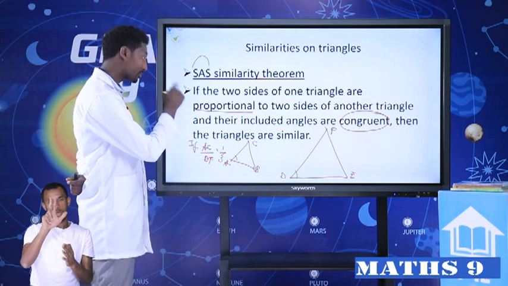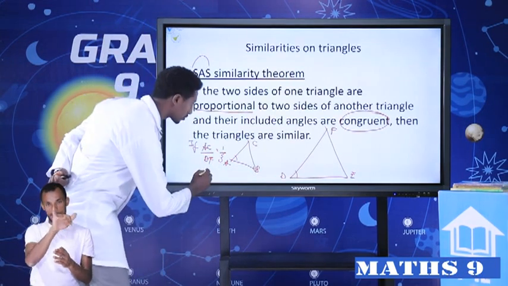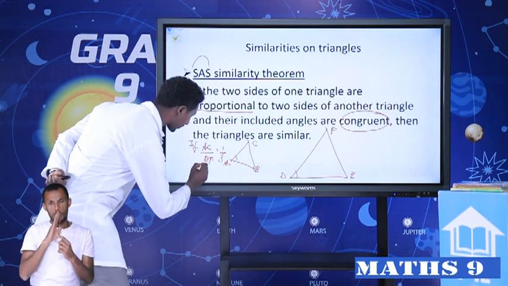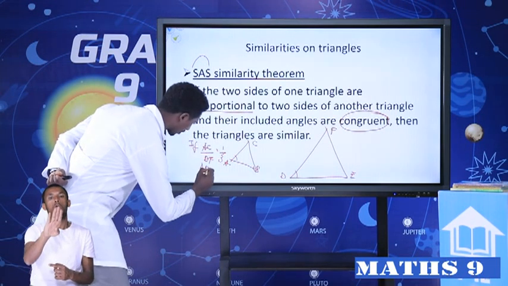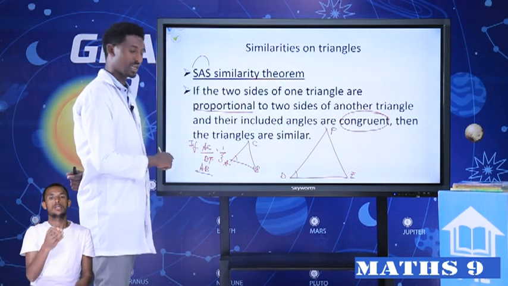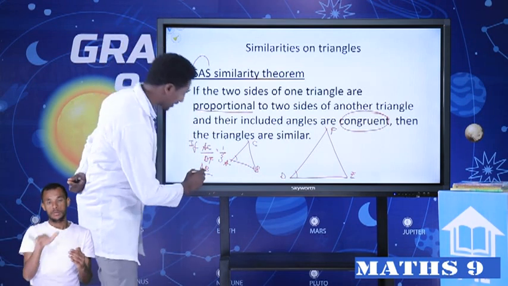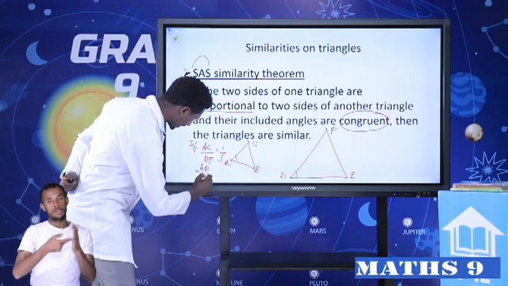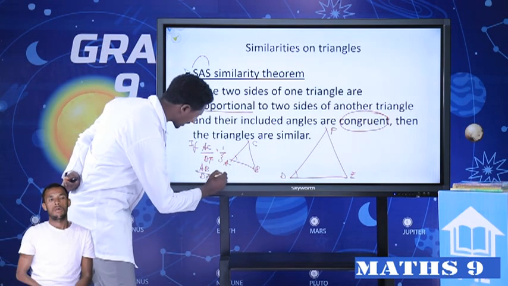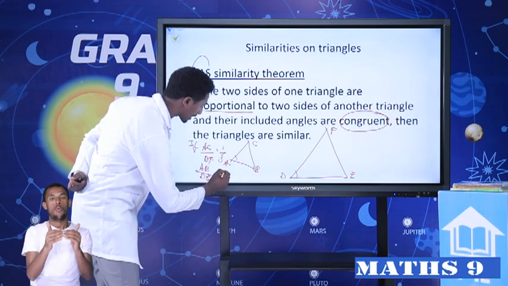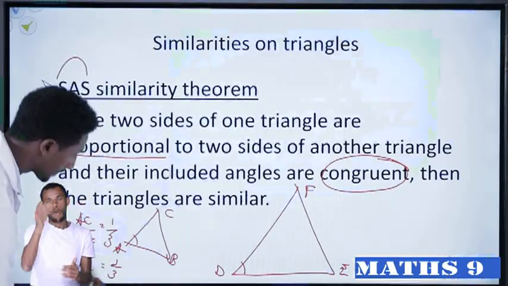And similarly, for them to be similar, AB over DE, the corresponding side of side AB is DE, must be equal to the same ratio, 1 over 3.